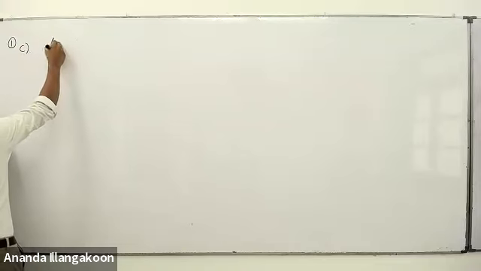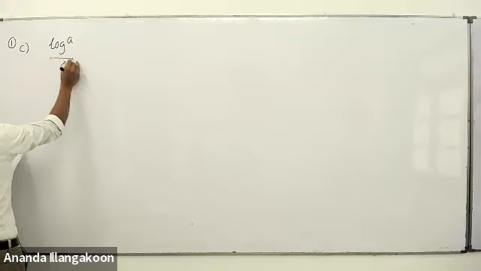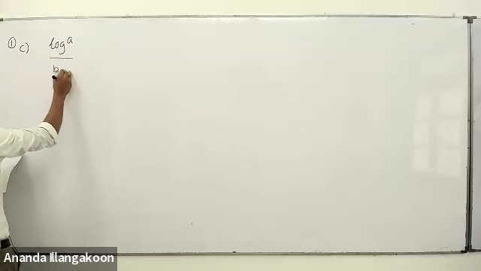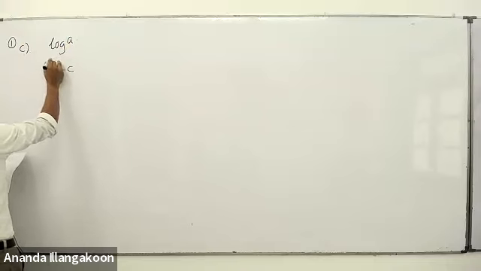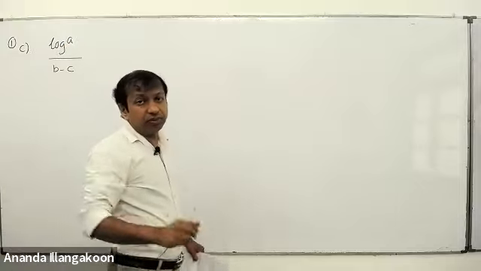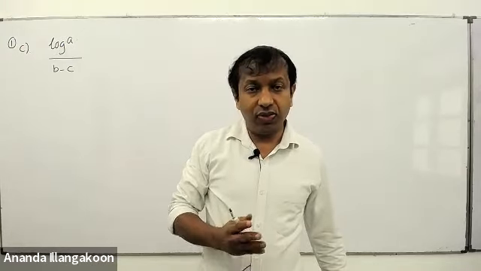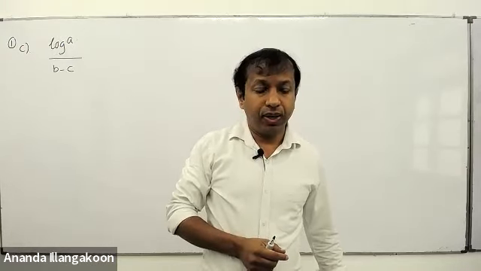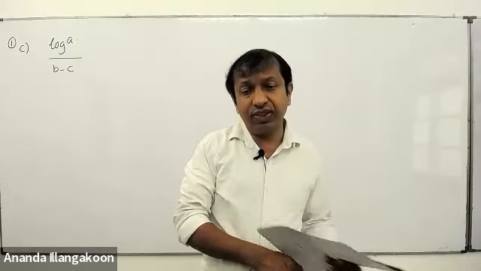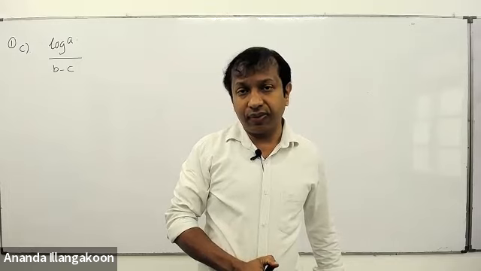We are given log a divided by b minus c. Here you can see, dear students, in this log term no base is mentioned. Usually when the base is not mentioned, we of course take that as 10.